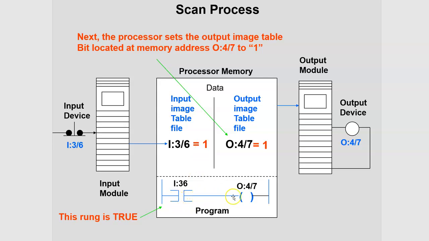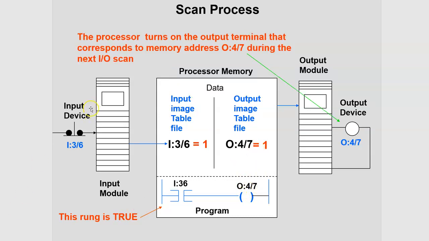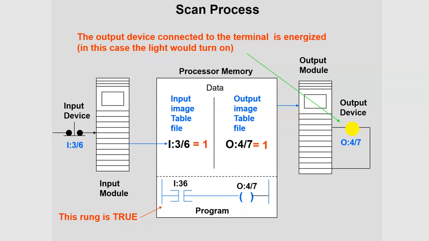That makes this rung true. If this rung is true, then the bit position that this is mapped to gets a 1, so the 1 is put there. And if there's a 1 there, then the processor is going to turn on that light, and the light will glow. So if you walk through that process and understand each step, then you do well to understand how the scan process works.